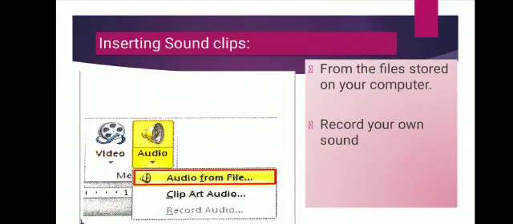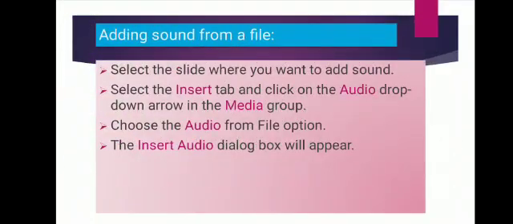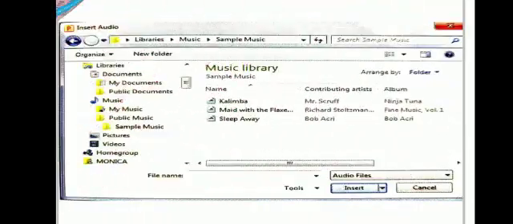Now after this, the insert audio dialog box will appear on your screen. Now locate the audio folder on your computer and select the required file. It means, in whichever folder you saved your file, select it and click on the insert button.